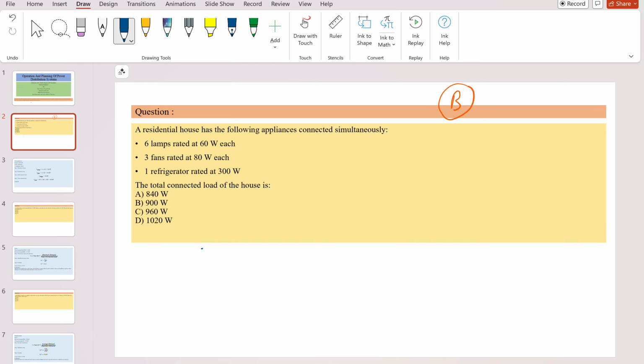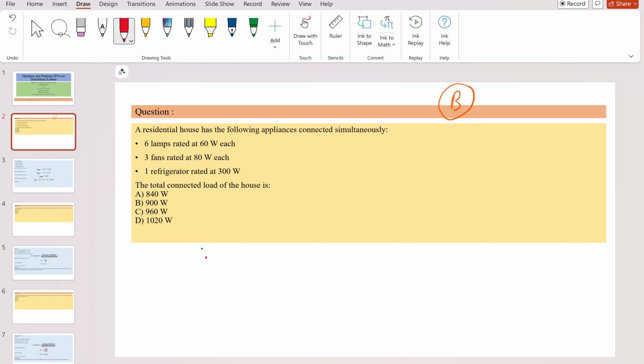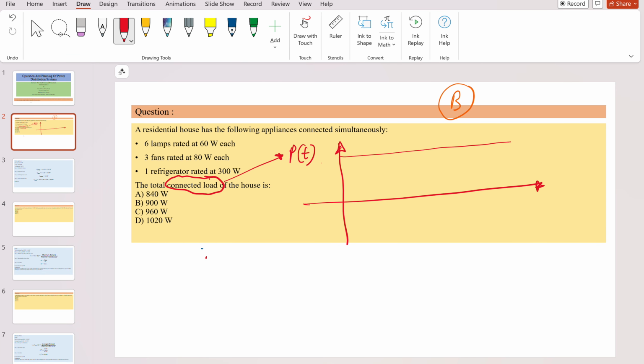Here are the few concepts that are important to solve this problem. One, what is the meaning of connected load, and how is it different from the power at a particular time t? When you see the load curve, there is a connected load which is a constant of a particular house, maybe the peak maximum loading of a house, while the load curve is actually variable.